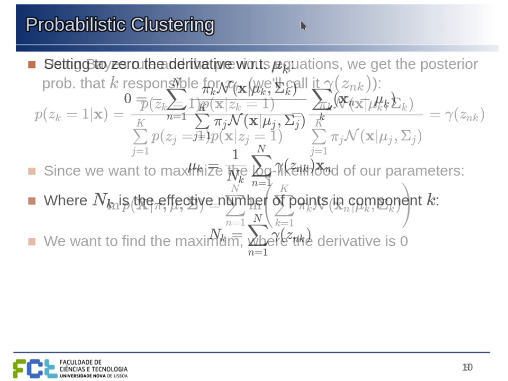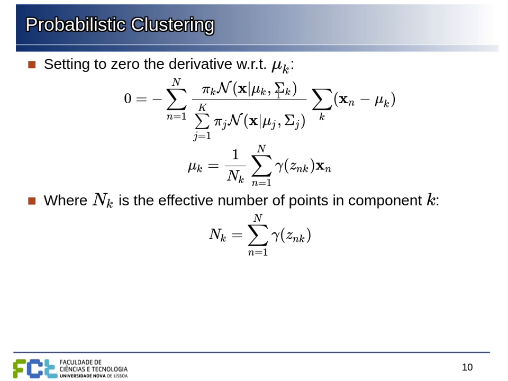So without going into much detail here, setting the derivatives to 0 with respect to the different parameters for the centers of the different distributions, what we have is a sum over all the points of the probability of that particular point belonging to distribution K multiplied by the coordinates of the point.